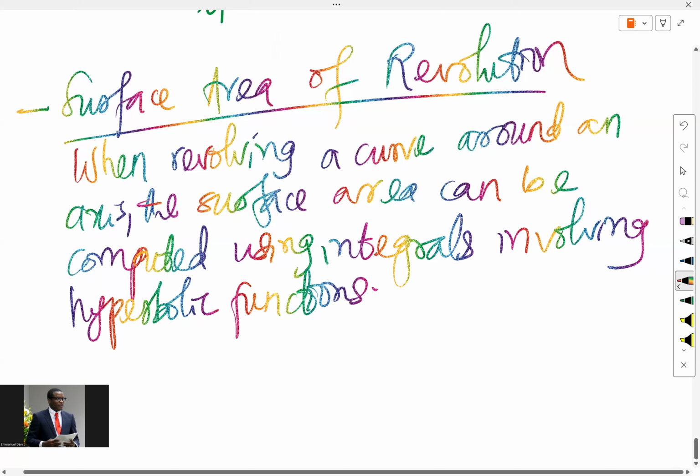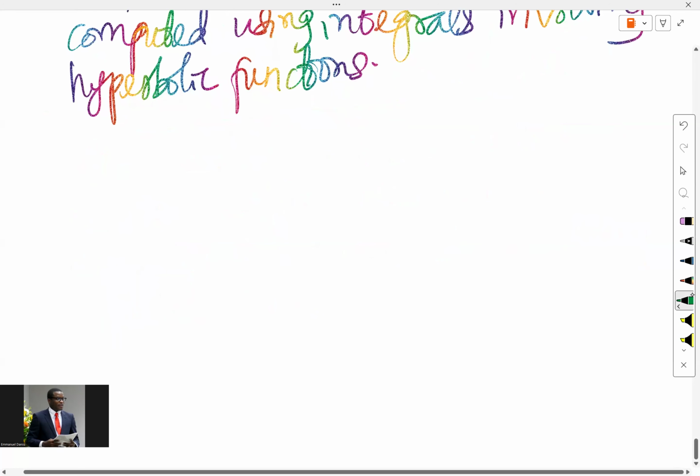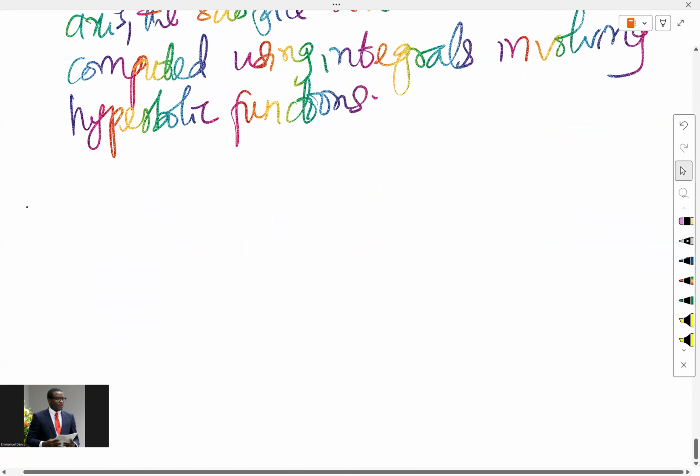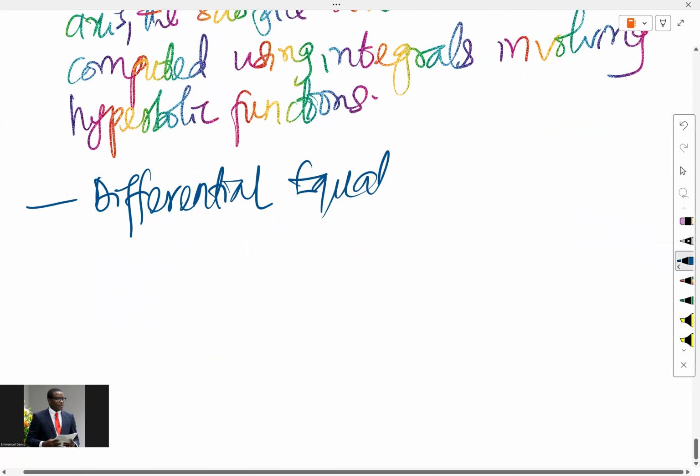Then, of course, we've seen an application in differential equations just now. So let's talk about that again. Differential equations. Okay.